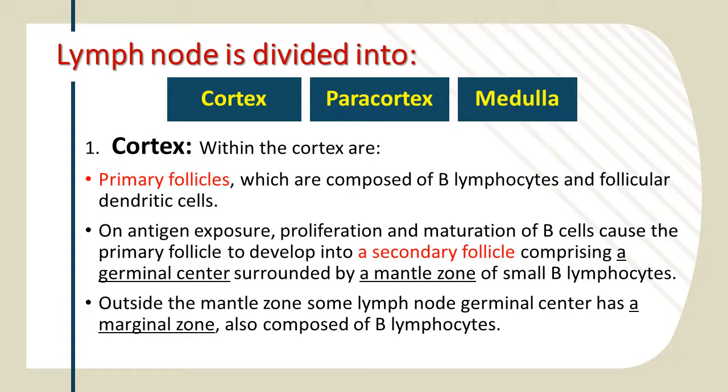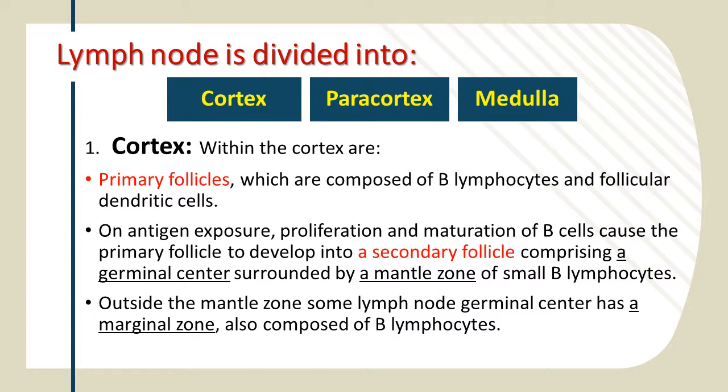In other words, within the cortex are primary follicles which are composed of B lymphocytes and follicular dendritic cells. On antigen exposure, proliferation and maturation of B cells cause the primary follicle to develop into a secondary follicle, comprising a germinal center surrounded by a mantle zone of small B lymphocytes.